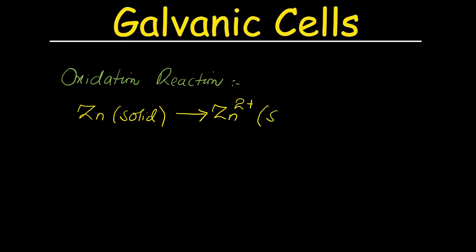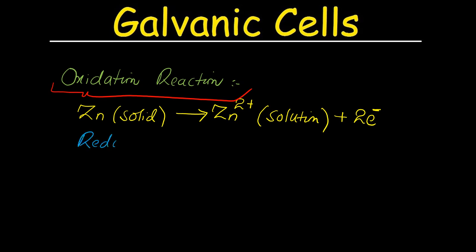Zinc ion is not stable in metal form, so it will be a part of the solution, plus it will give 2 electrons. So on the zinc part of the galvanic cell, there will be an oxidation reaction, whereas on the copper side there will be a reduction reaction.